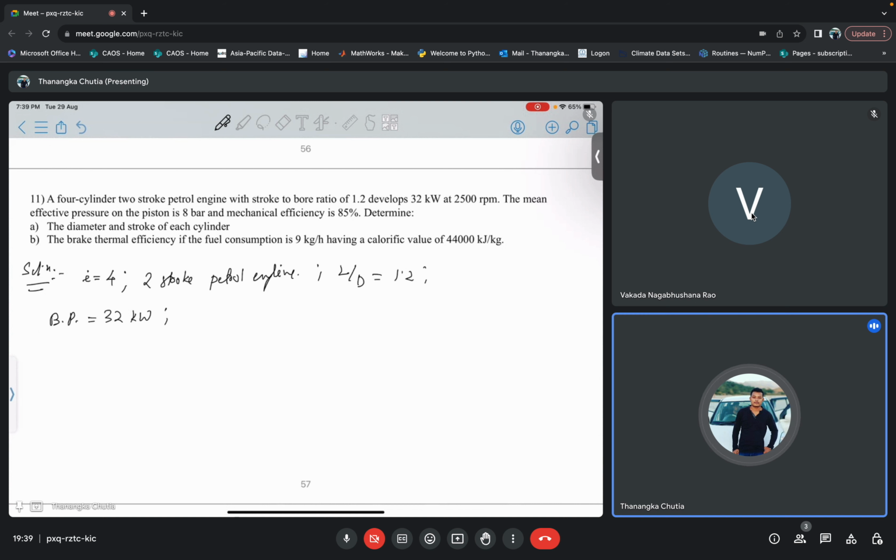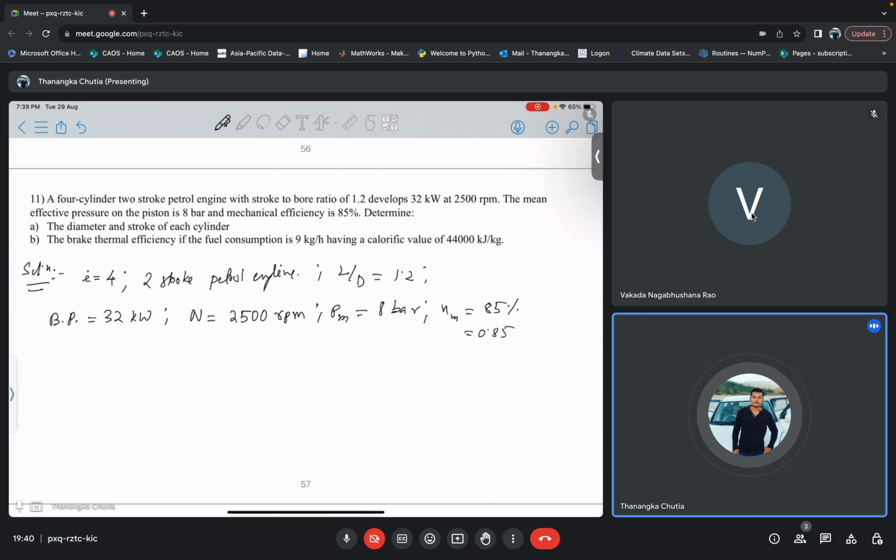Okay, and your N is given as 2500 rpm. Okay, mean effective pressure PM is given as 8 bar. Okay, and your mechanical efficiency is given as 85%, which we can write as 0.85.